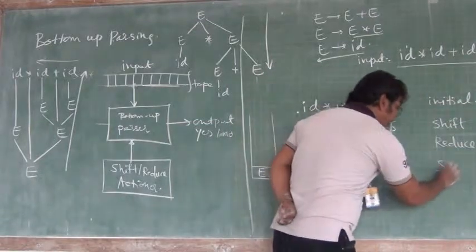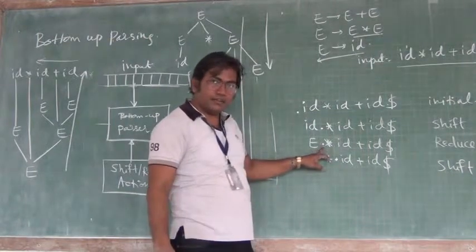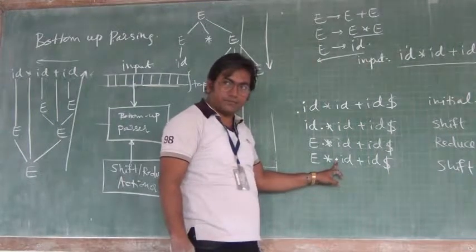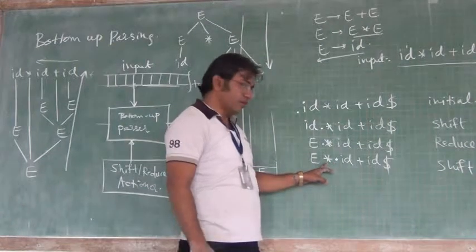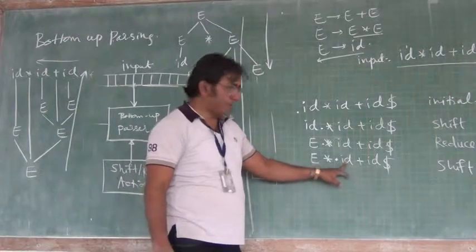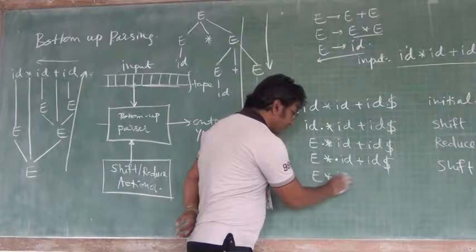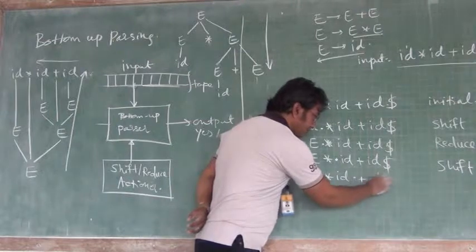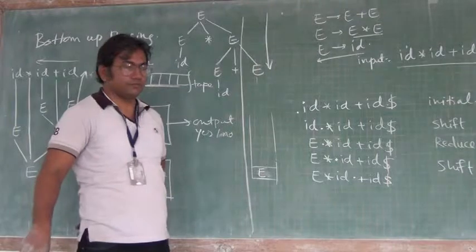I did the shift. Because of the shift action, my head was here and I shifted to the next symbol. So this is the step. Here I got my head shifted to the right by one symbol. So here what do I get? ID. I am getting ID. So once again you need to shift here. Dot.